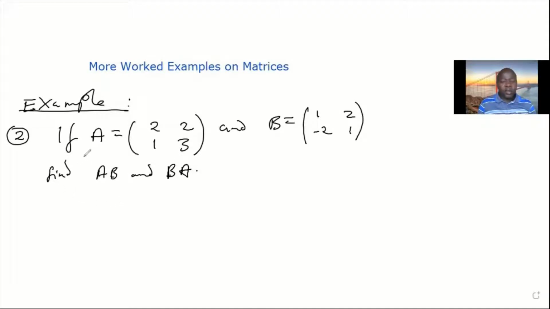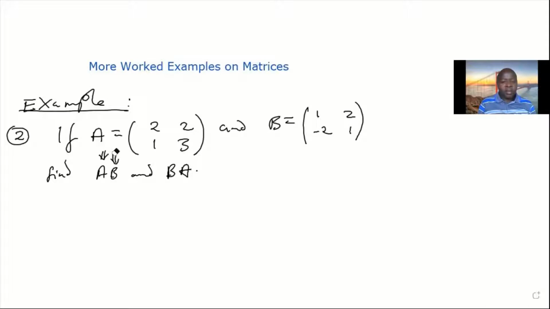Now, the question just wants us to multiply these matrices. And remember the other time we said that we can multiply matrices if the columns of the matrix on the left side, in this case A, are the same as the rows of the matrix on the right side, in this case B. If the columns of A are the same as the rows of B, then we can multiply these matrices.